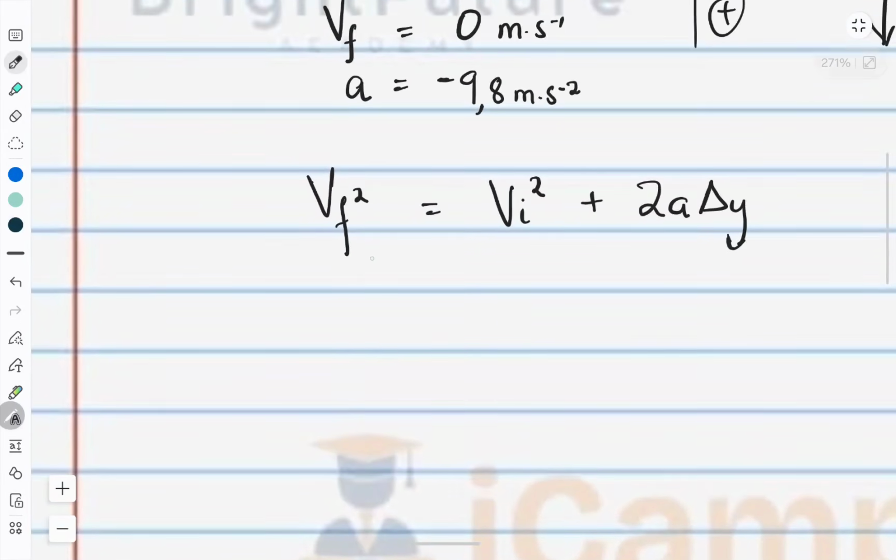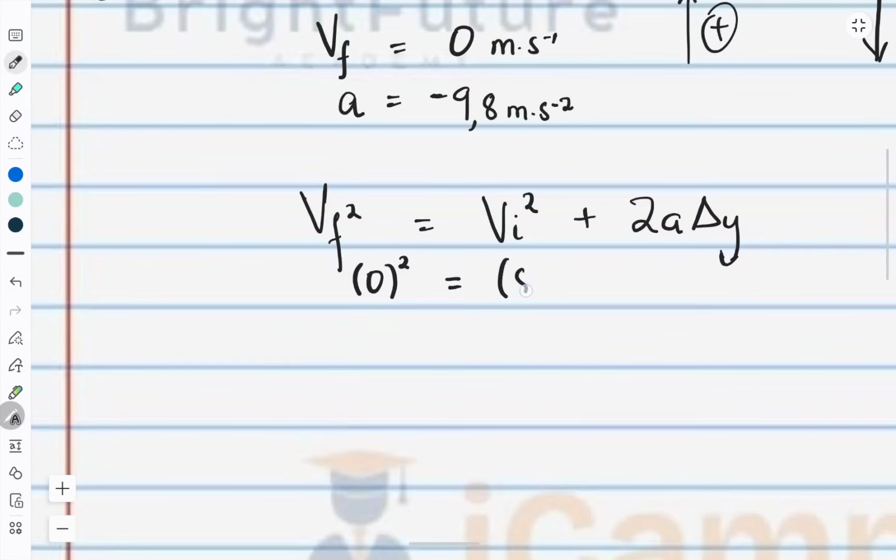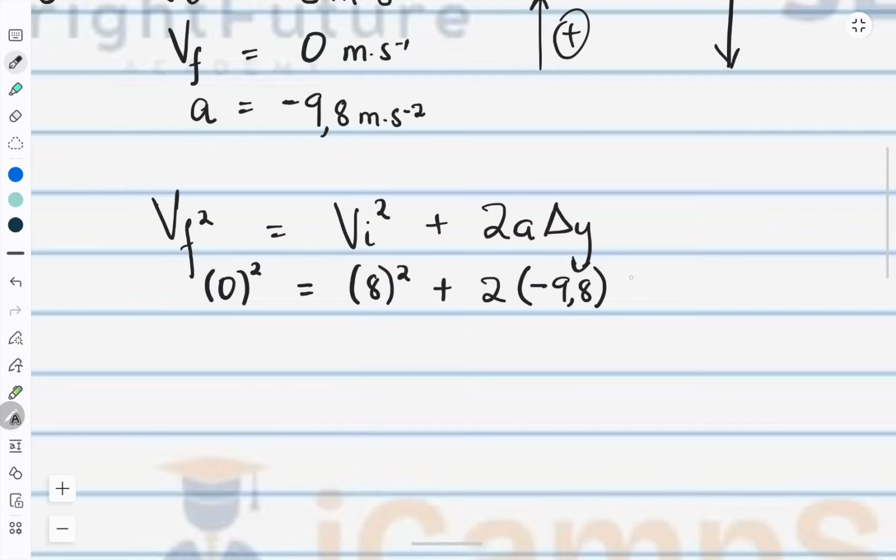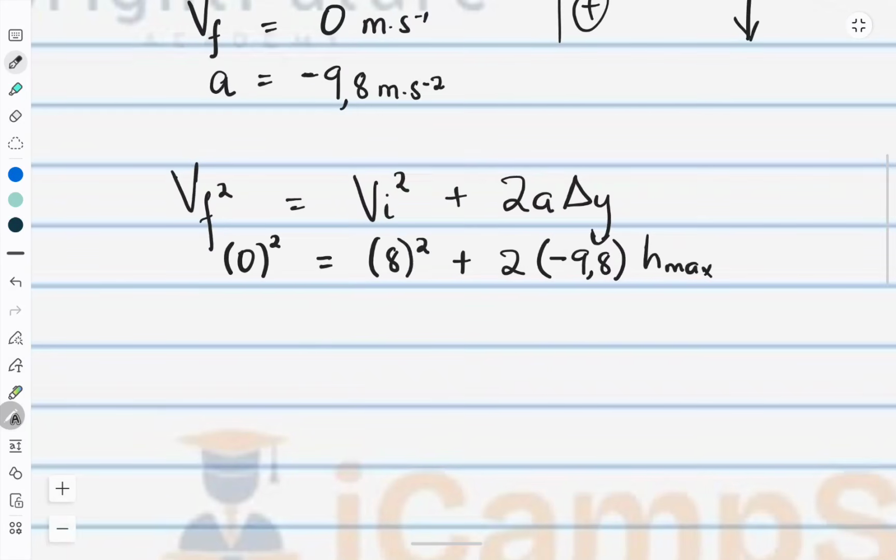So we can say vf is our 0 squared, vi is our 8 meters squared, plus 2 times our acceleration, which is minus 9.8, and then our delta y is the maximum height, right? So you can leave it as delta y, you can call it h max, it's up to you.